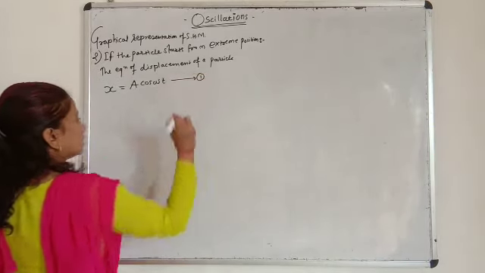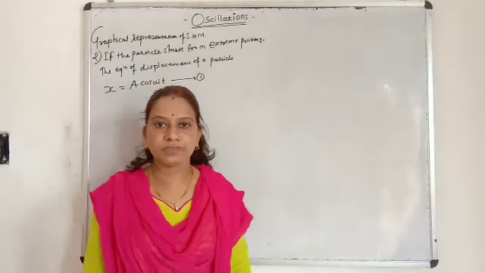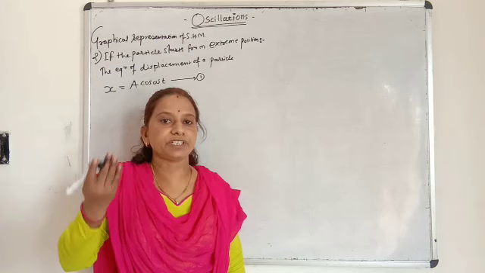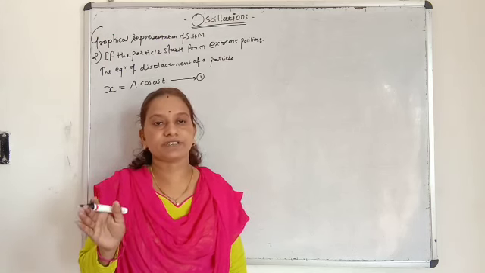This is equation 1. Now, for the graphical representation, we plot the graph between displacement versus time, velocity versus time, and acceleration versus time.